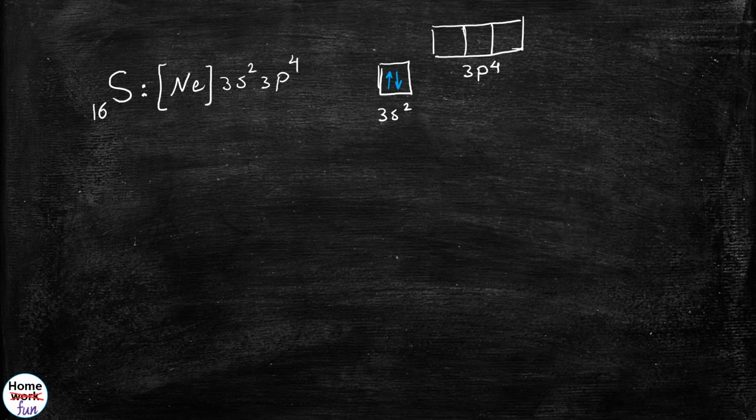Again, Hund's rule tells you. So first, make them half full. So all of them upward arrows. 1, 2, 3. Now, I need 1 more electron because we have 4 electrons in total. Now, you come back, make them completely full. So that's now 4. This is how they sit. This is how you put them in order.